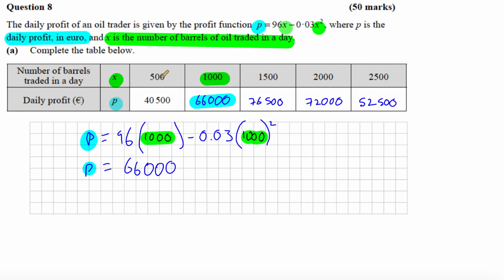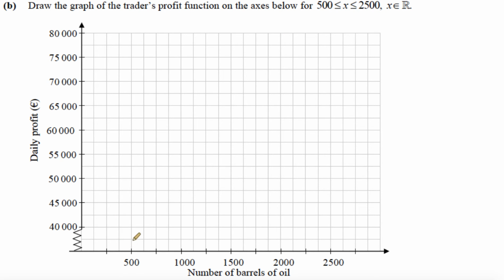So our first point is 500, 40,500. So if we go back here, we go over to 500 and up to 40,500. So 40,500 would be somewhere here.